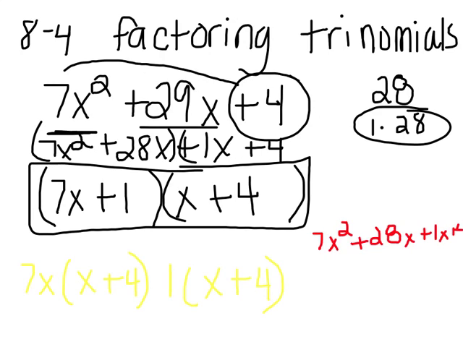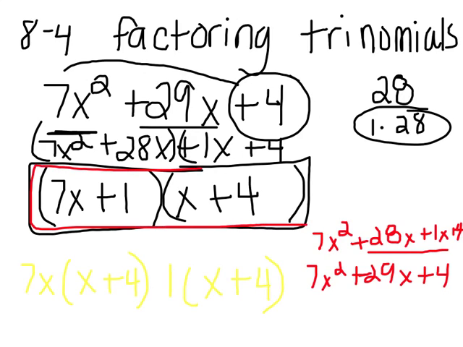And that's going to run off the whiteboard, so bear with me, okay? And then when we combine our middle terms right here, we would get 7x squared plus 29x plus 4. So we know that we factored this correctly because we found the product and we've checked our work.